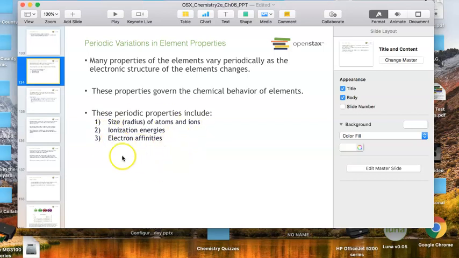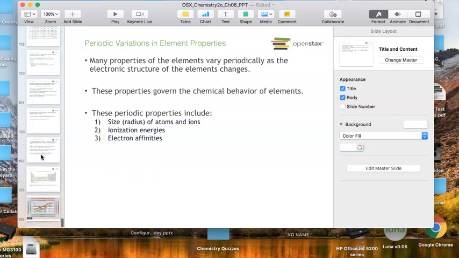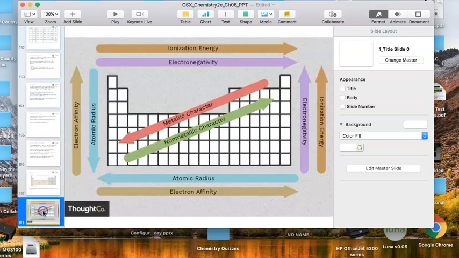The first thing to do is to memorize the definitions for these three things. What is atomic radius? What is ionization energy? What is electron affinity? What does that mean? And then understand the periodic trends on your periodic table. Now, towards the end of the chapter, I've added a slide here that shows you the trend.